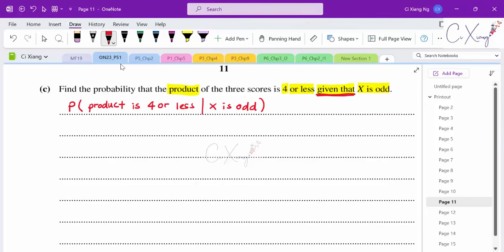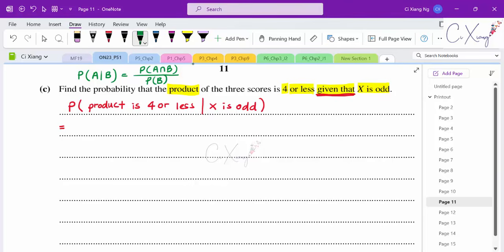Okay, so for conditional probability, we have a general formula. When we have something like A given that B, the general formula is the probability of A intersect B divided by the probability of B. This is what we have for conditional probability. Alright, so we have to apply this to the context of our question here.